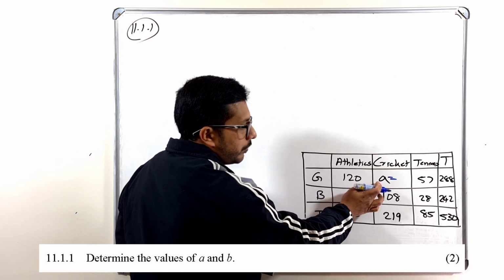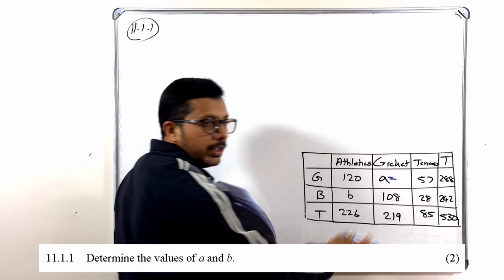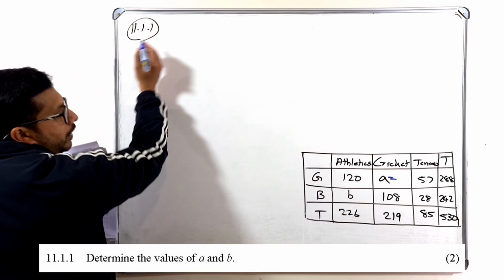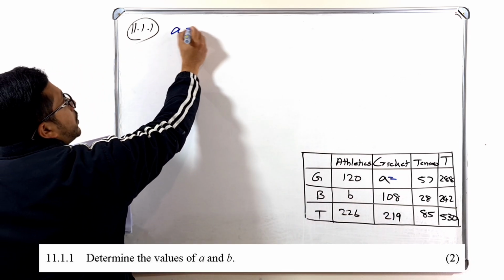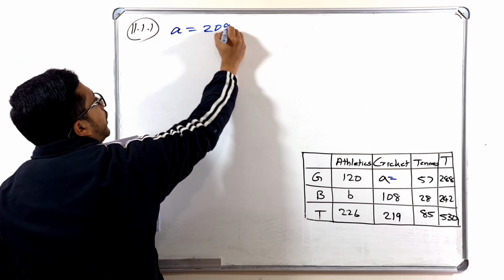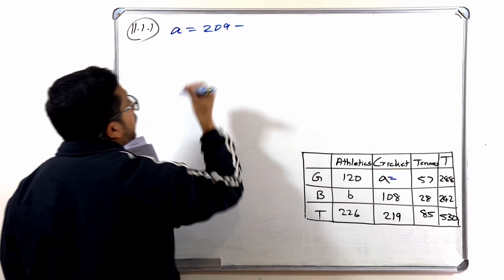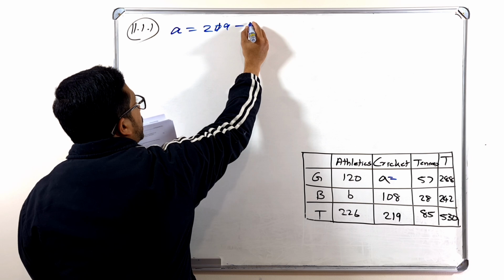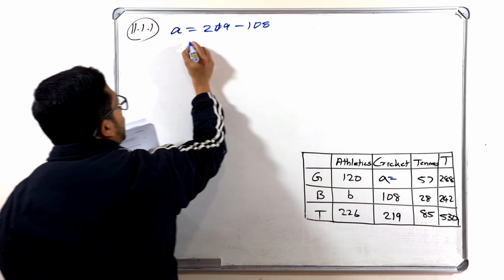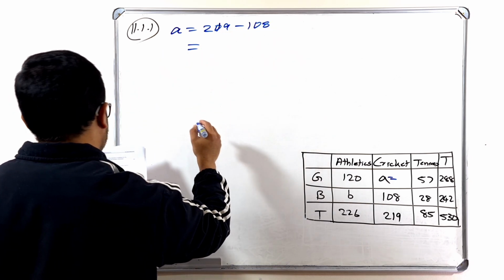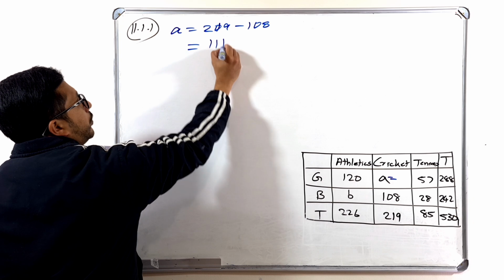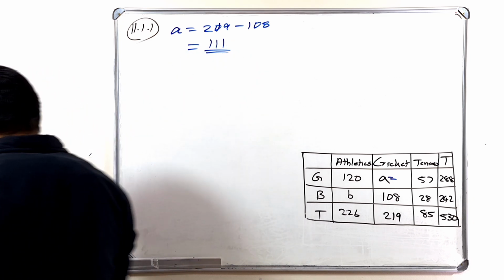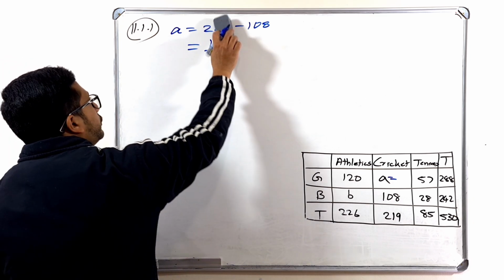So how can you find this one? 219 minus 108. So A is equal to 219 minus 108. Check in your calculator what is the answer. In your calculator you will get 111. It's a very easy question.